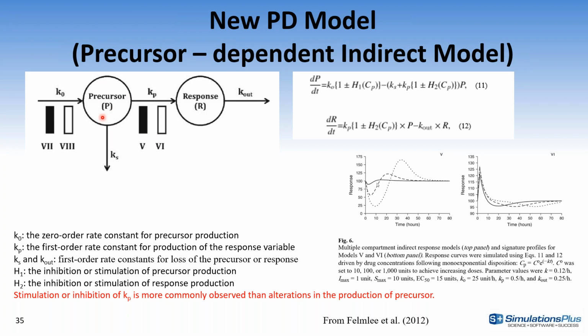So let's say if administration of the compound creates or causes depletion or stimulation of another compound that affects the response, you will now be able to account for these effects.